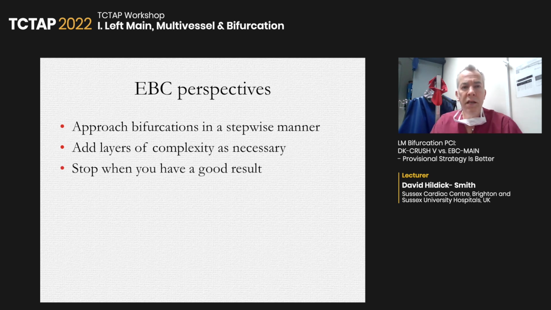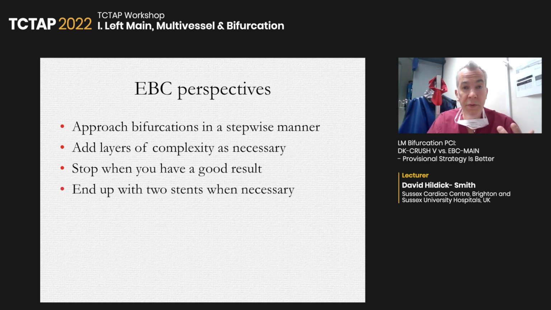So these are two slightly different philosophies. The idea with the stepwise provisional approach is that you keep adding those layers until you stop when you have a good result. That may be not exactly when you expect, maybe earlier than you expect. And if you do need two stents, then of course you put in two stents.